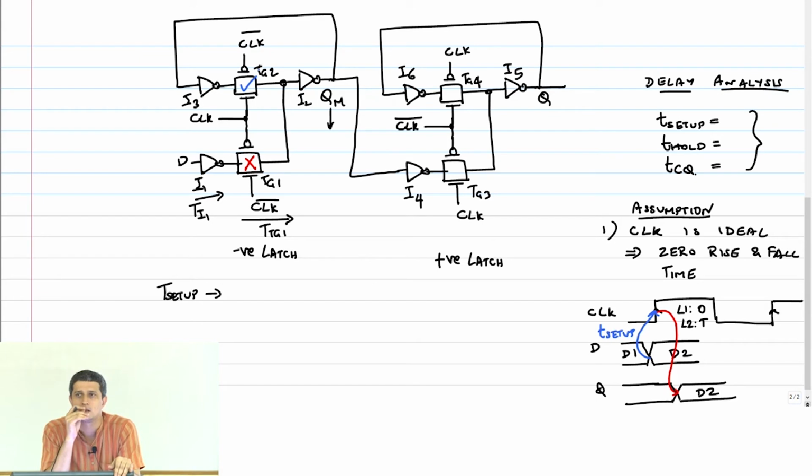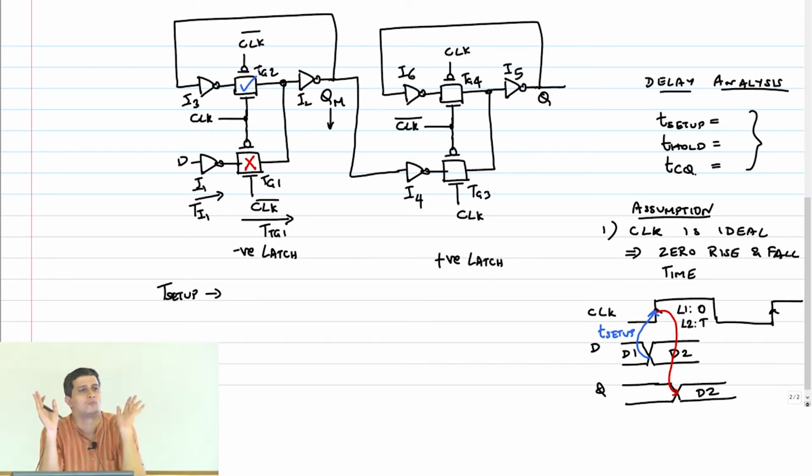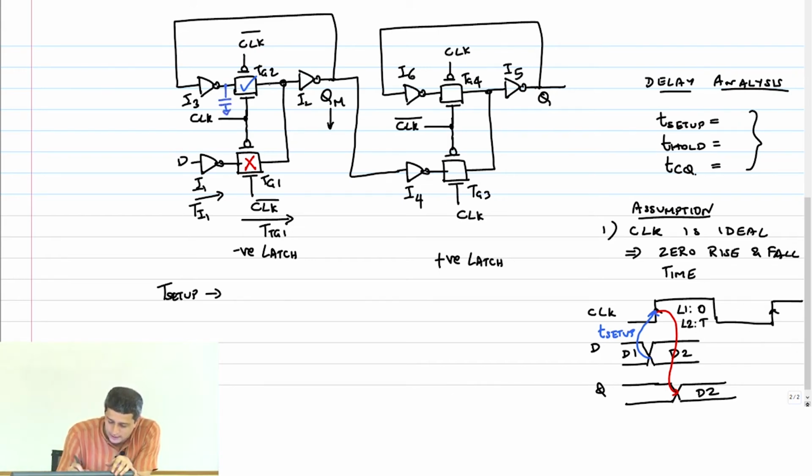So now, when my clock turns off this path and turns on the feedback path, what you want to ensure is that the feedback path is holding the right value, which means that if I can ensure that this capacitor here and this capacitor here are holding the same value.